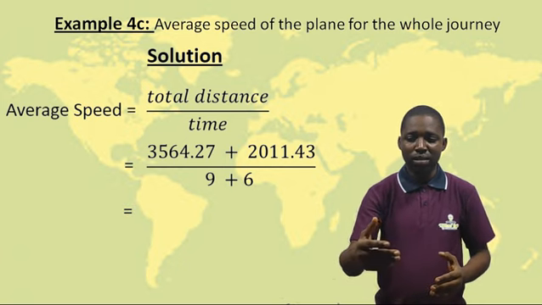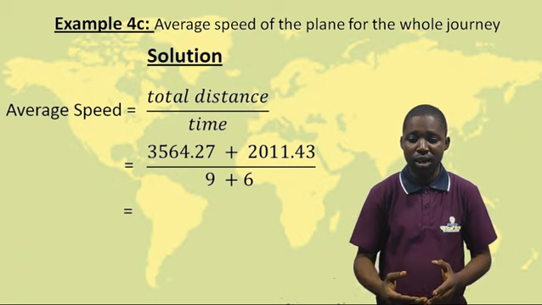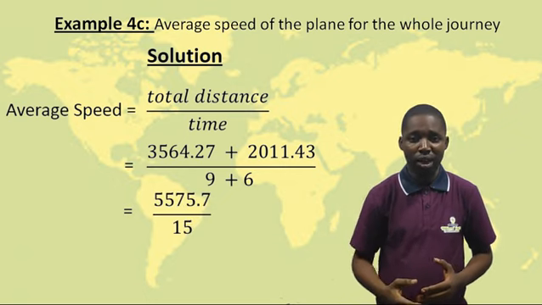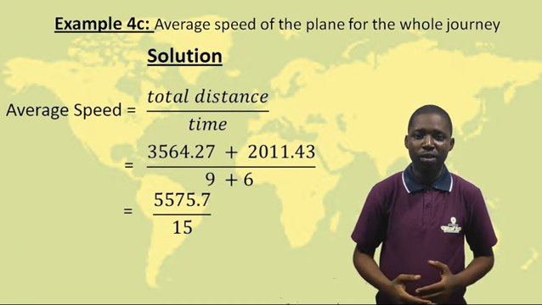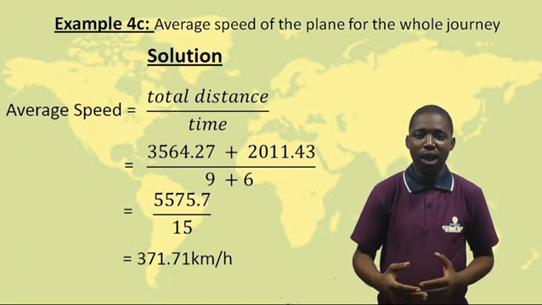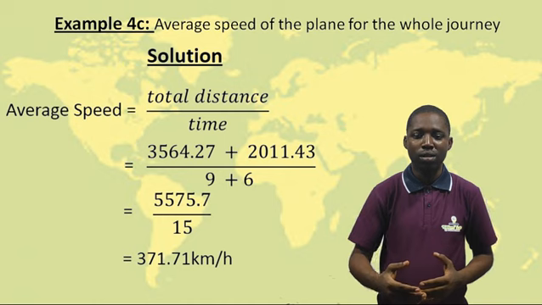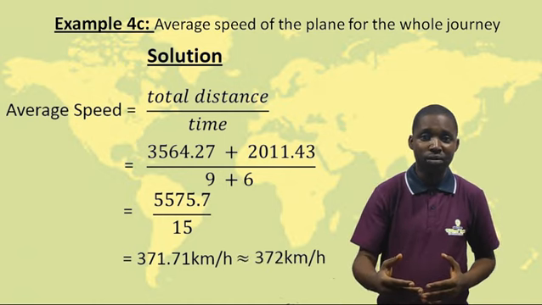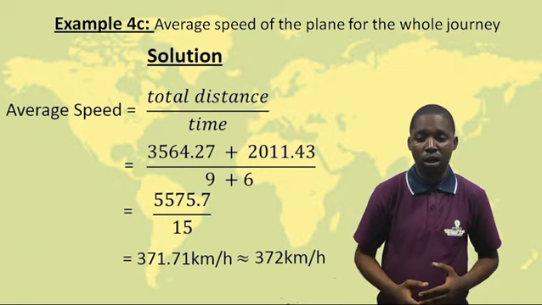So adding the numerator, which is distance, we have that. Adding the denominator, we also have that. Dividing, we are able to get our average speed as 371.71 km per hour, approximately 372 km per hour.